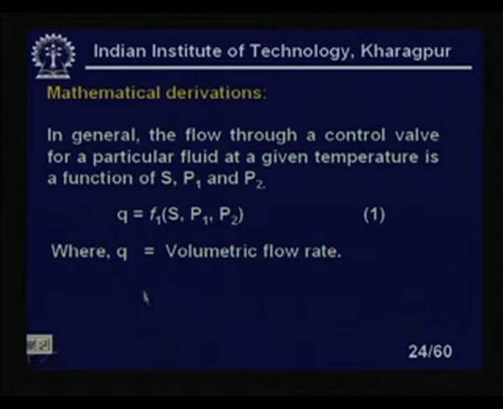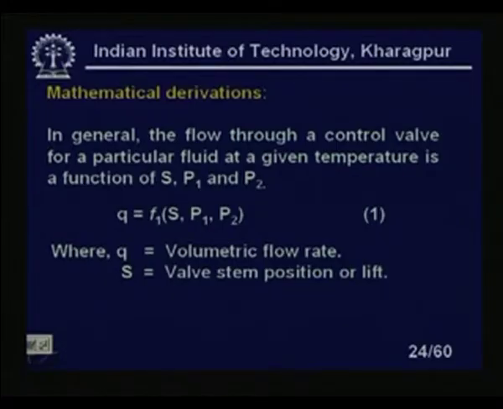Where Q is the volumetric flow rate, S is the valve stem position or lift, okay. Stem position, stem movement, lift, these are all basically the same. In many process books you will find it expressed as a percentage lift, or here, for ease of understanding, I am writing it as stem movement, clear. So stem movement and lift, please note these are the same thing.